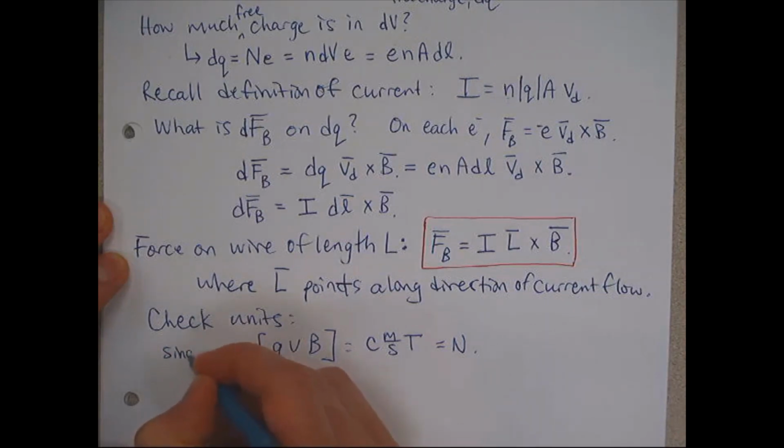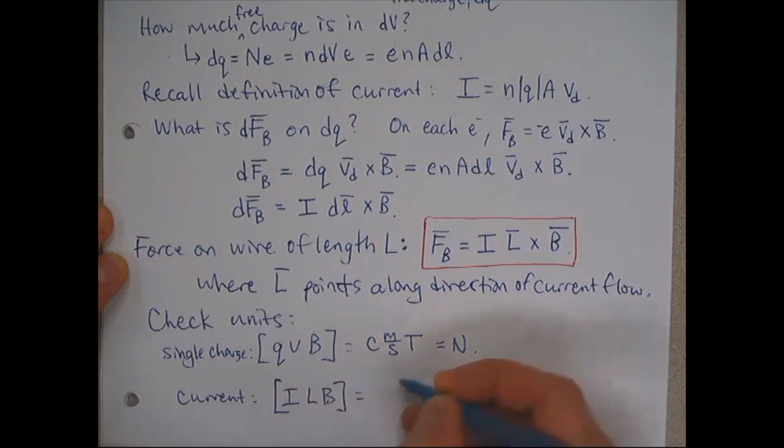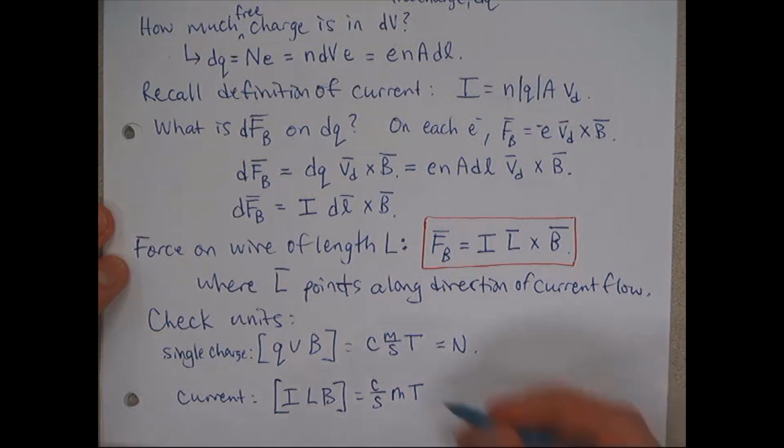That's for a single charge. For a current, you have the units of current, length, and B field. So that's a Coulomb per second is an amp, the length is meters, and the B field is Tesla.